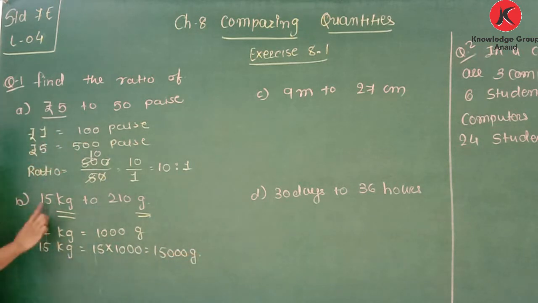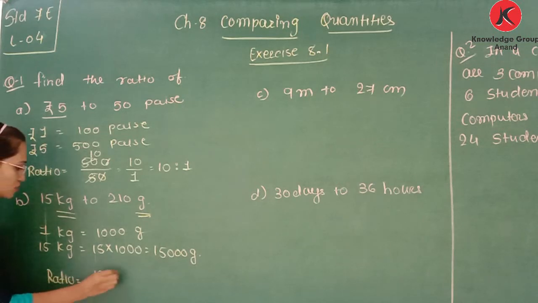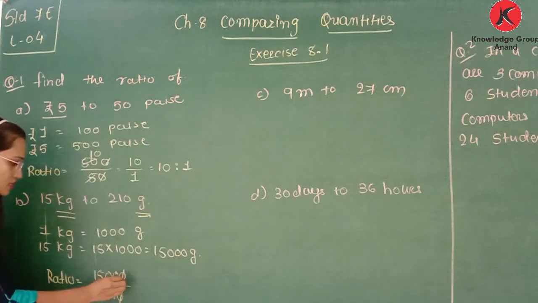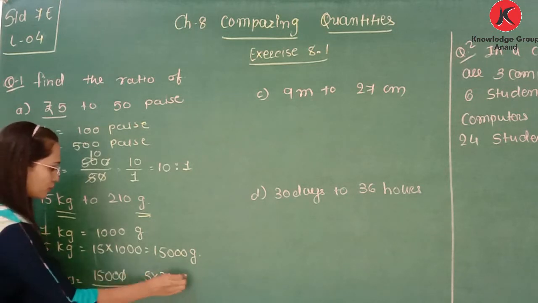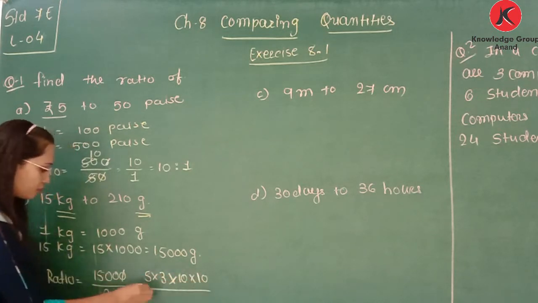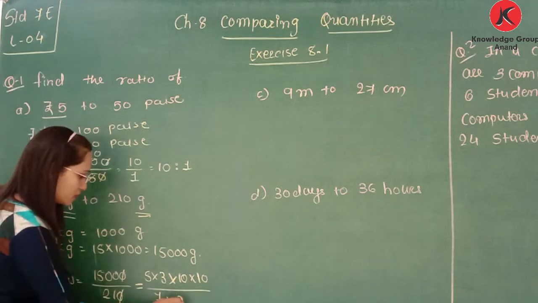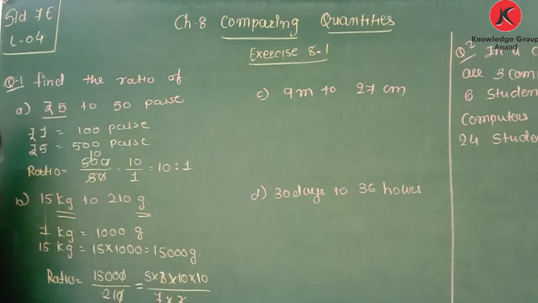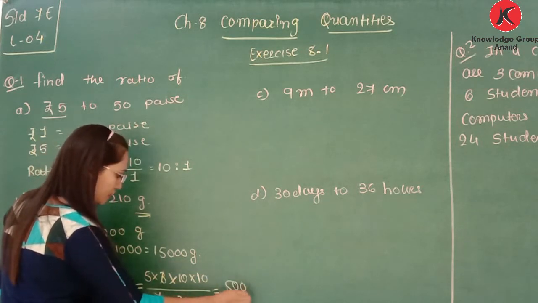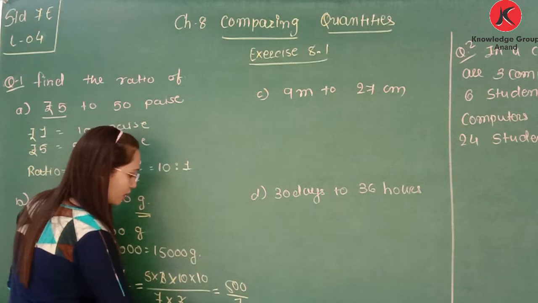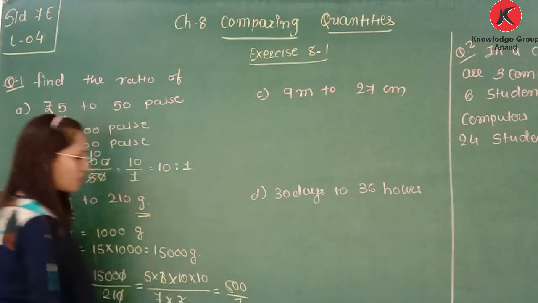Now we take the ratio of 15,000 divided by 210. Here a factor of 15 is 5 threes. A factor of 100 is 10 multiplied by 10. For this, 7 multiplied by 3, you can cut this factor 3. So it is 500 divided by 7. So the ratio is 500 is to 7.